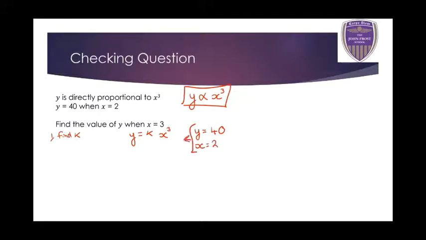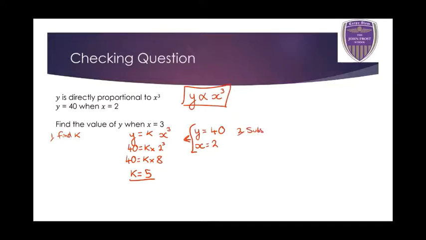I'm going to put these in our formula. So 40 is equal to k times 2 cubed. What is 2 cubed? Well, 2 cubed is 8. So 40 equals k times 8. Something times 8 is 40. k is equal to 5. Brilliant, we found k, job done.